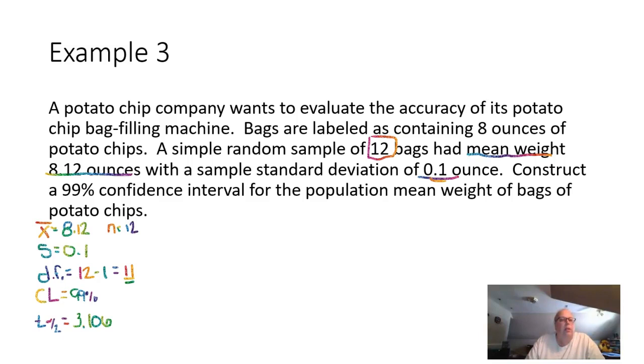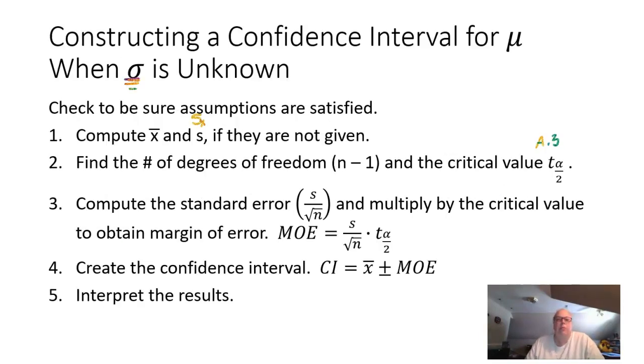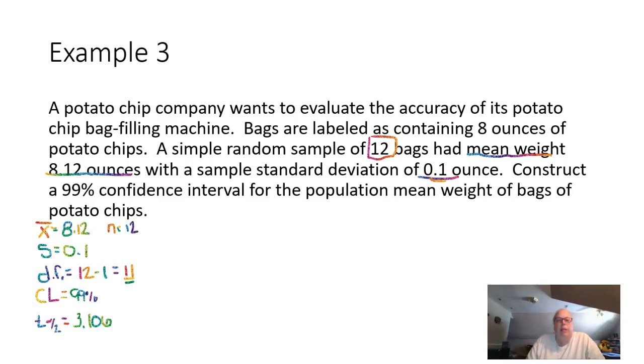Next thing I want to do, compute the standard error. This is going to be the standard deviation divided by the square root of n, and then multiply it by the critical value to obtain the margin of error. The standard error is going to be our standard deviation, 0.1, divided by the square root of 12, because that's our n.